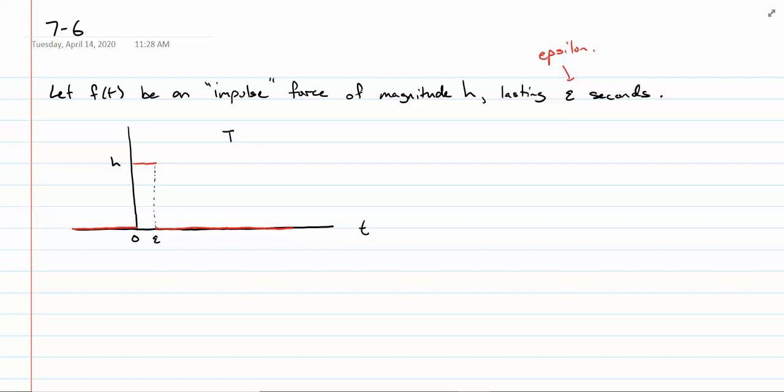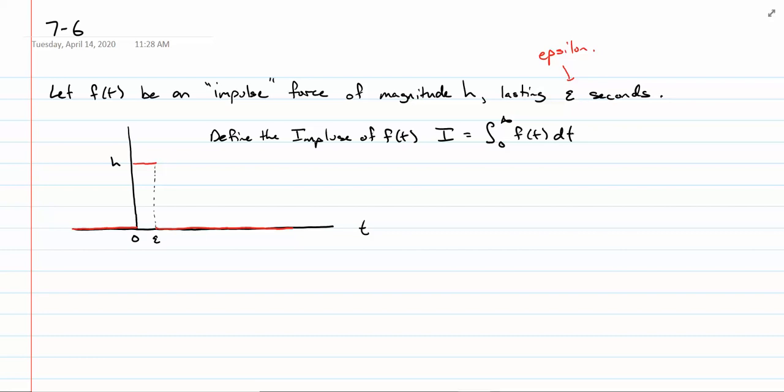We define the impulse of that force, we'll call it capital I, to be the integral from 0 to infinity of f of t dt.